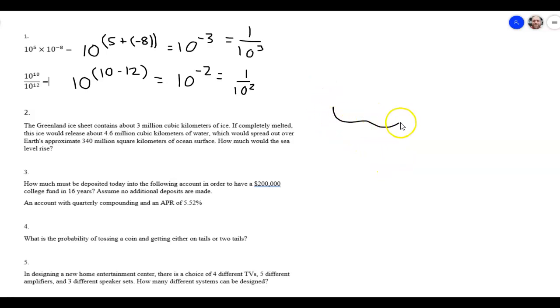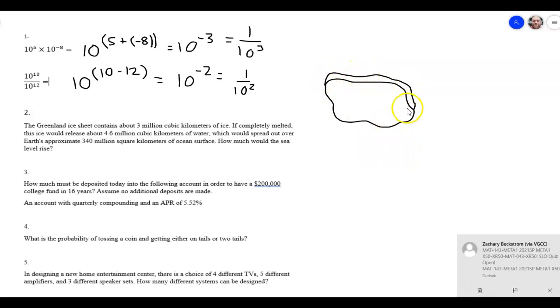Let's say we had some sheet of oil over the Earth's ocean surface, and this is going to have a height to it, right? And what we want to figure out is, what is this height right here? How much did it rise off of the surface?